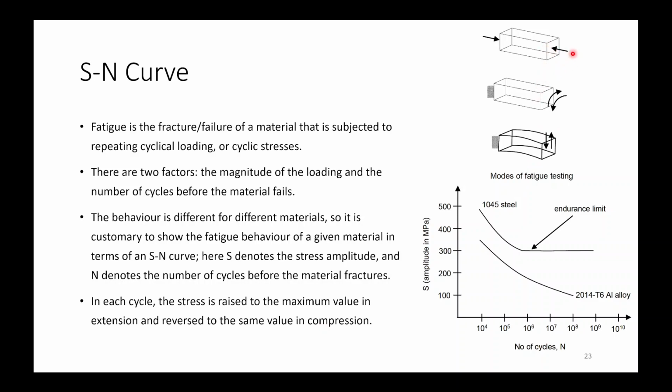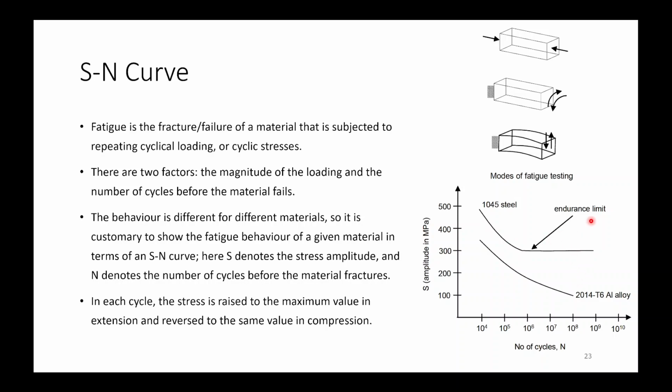Now there are various modes of fatigue testing. This can be either compressive and tensile forces, or torsion type of loading, or bending type of loading. These are two different types of SN curves.